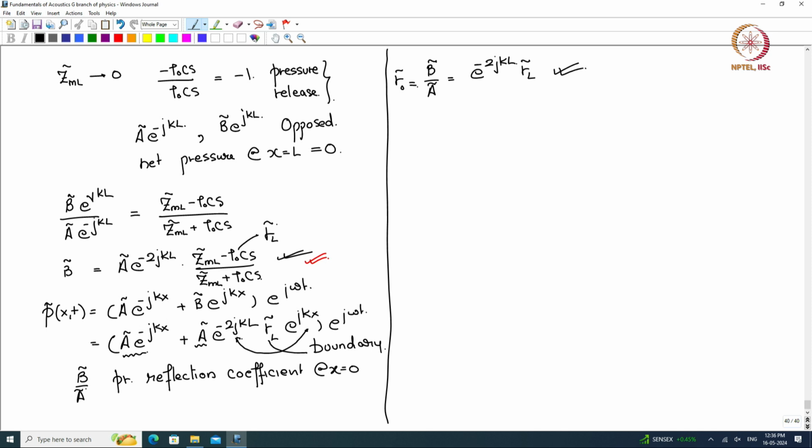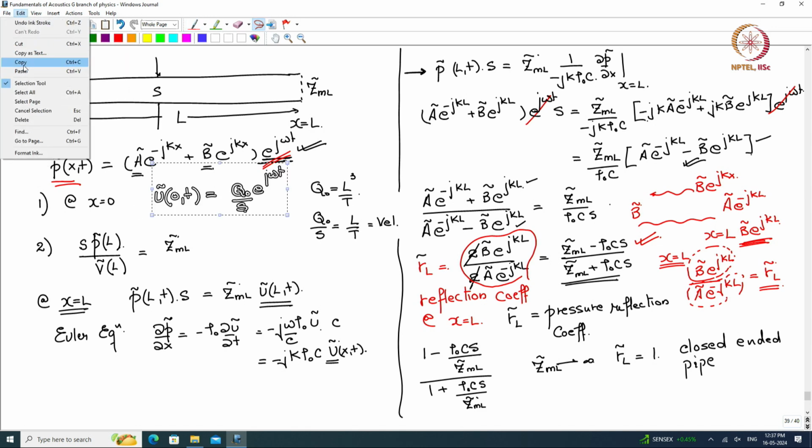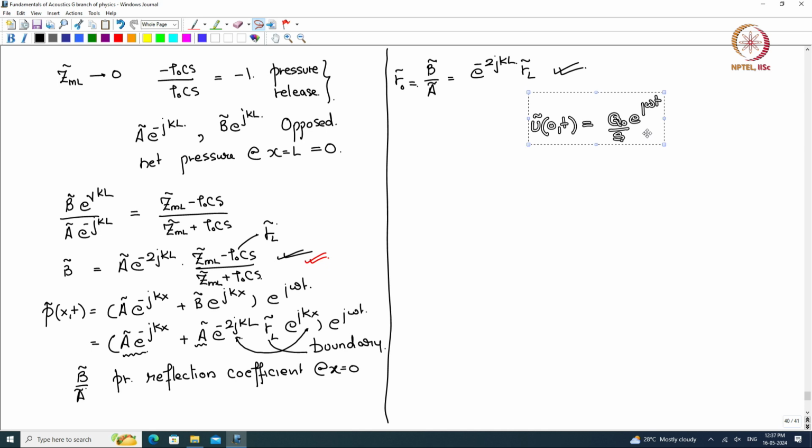Now if you recall the first boundary condition, which is this, let me copy that. This was the boundary condition at x equal to 0.